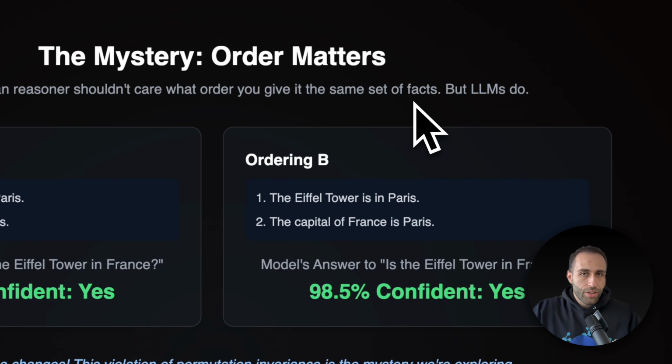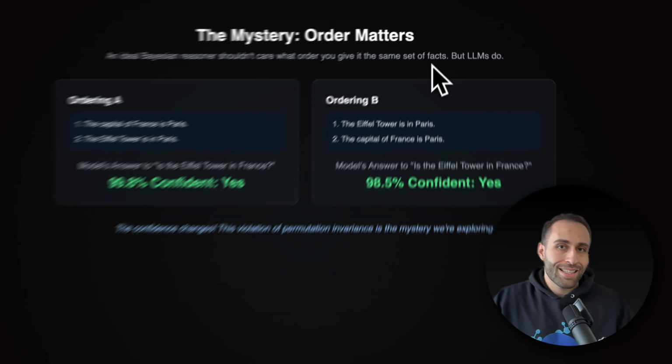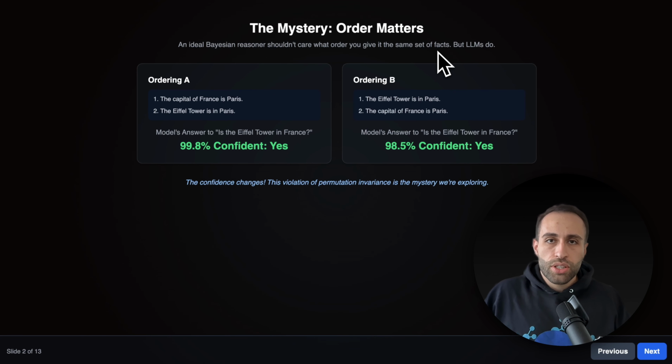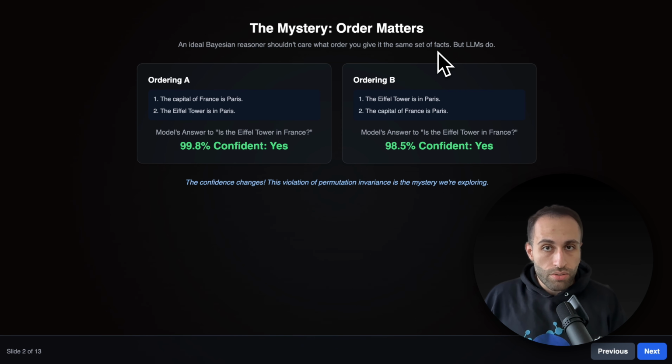So language models are not supposed to be sensitive to the order of the context that you provide. Let's say when you do RAG and you retrieve some information to give to your prompt as a context. Sentence A, sentence B, sentence C. And if you flip the order of these sentences, it turns out these language models are sensitive, which they are not supposed to be, because Bayesian cares about the priors but not necessarily the sequence.